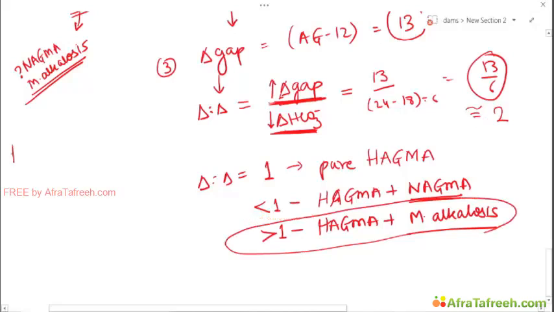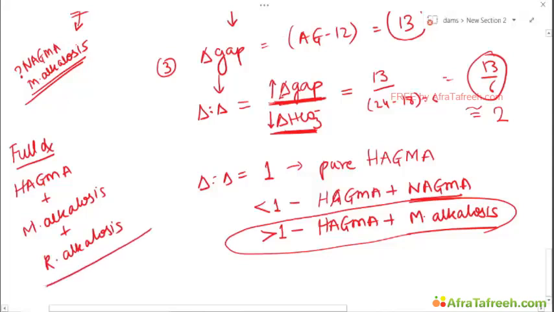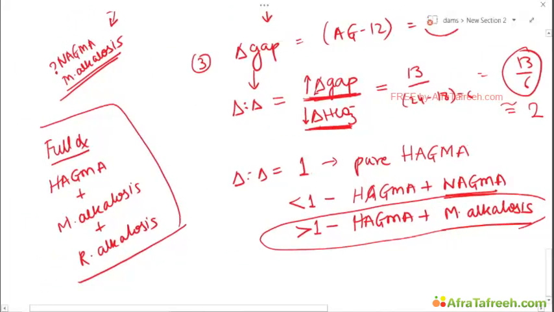So the full diagnosis would be high anion gap metabolic acidosis plus metabolic alkalosis plus respiratory alkalosis. Which of the options is this? Option C.